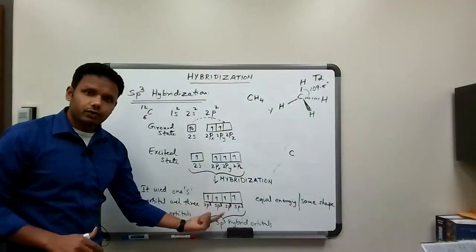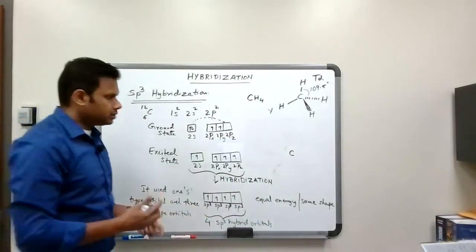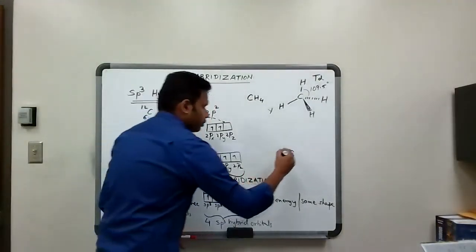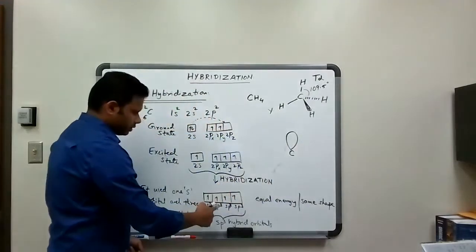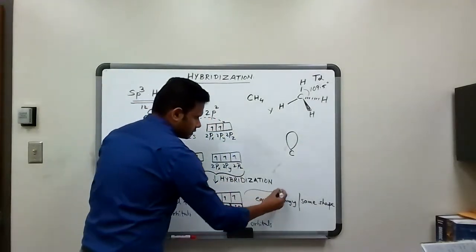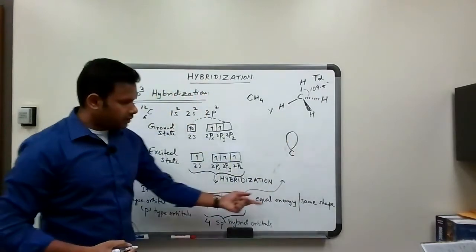So when you have these 4 sp3 hybrid orbitals, the best way to arrange those in space is to have them point towards the corners of a tetrahedron. Now this carbon, after hybridization, is going to have 4 sp3 hybrid orbitals, and they have the same shape.